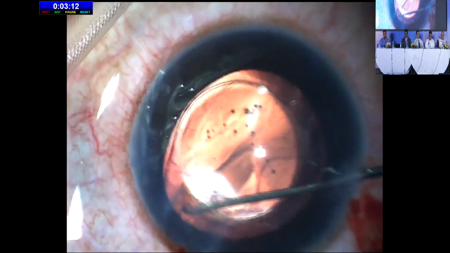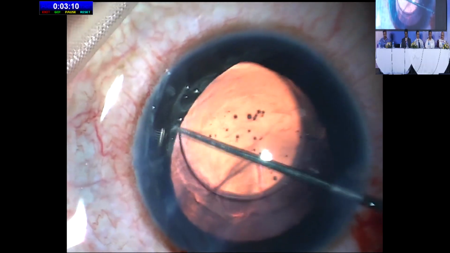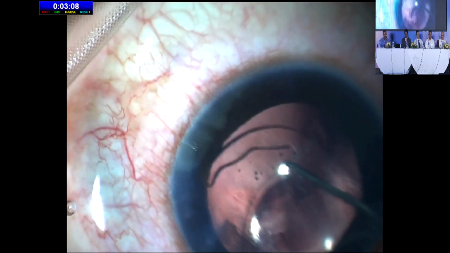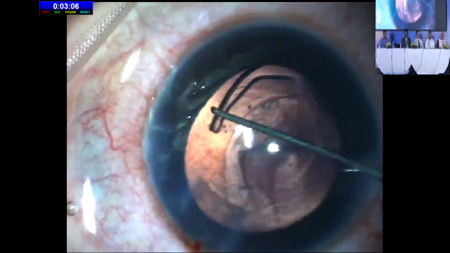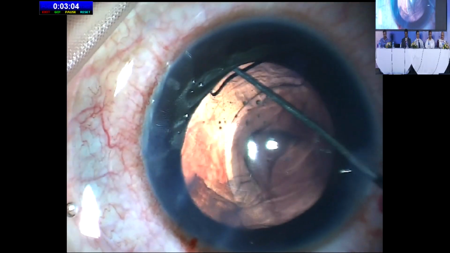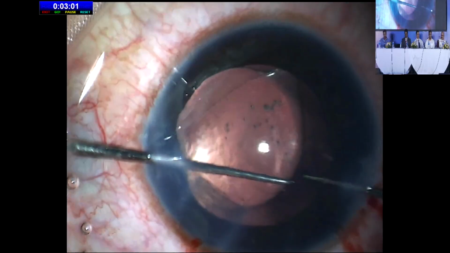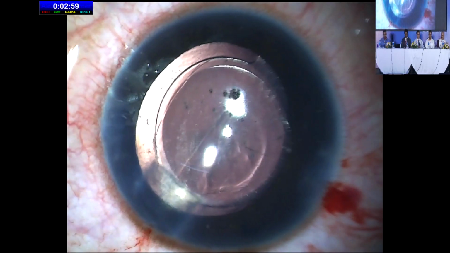It is rotated such that the haptics are at right angles to the tear. With the IOL well centered, the excessive viscoelastic is removed, and this is the end result that we have achieved.